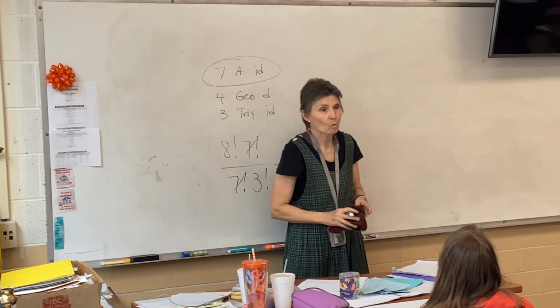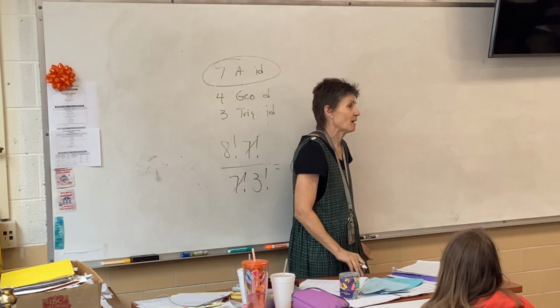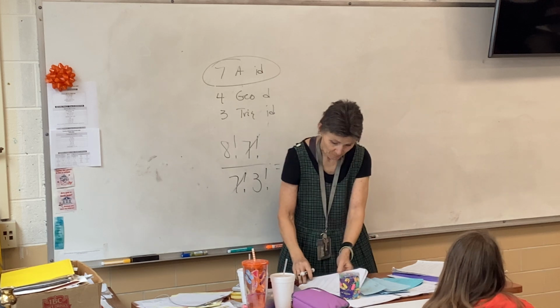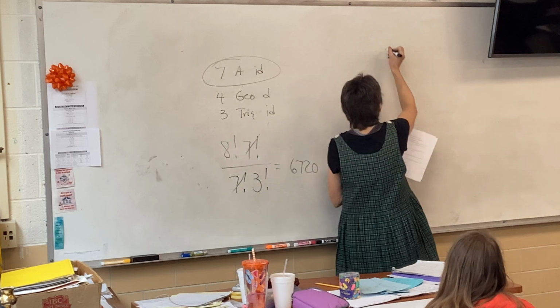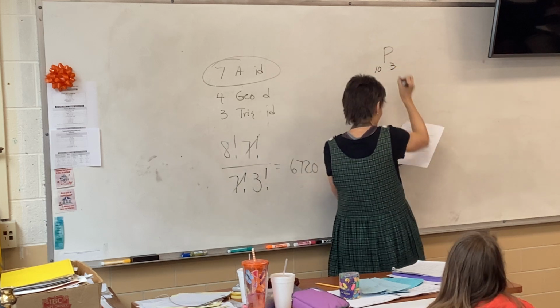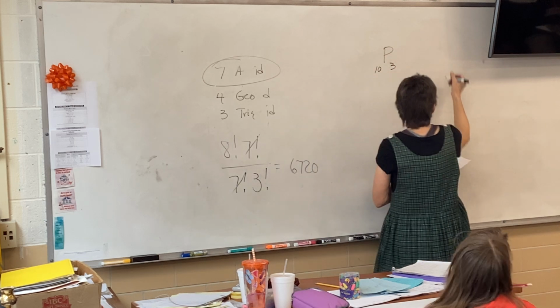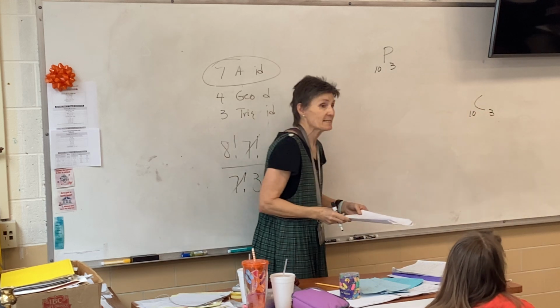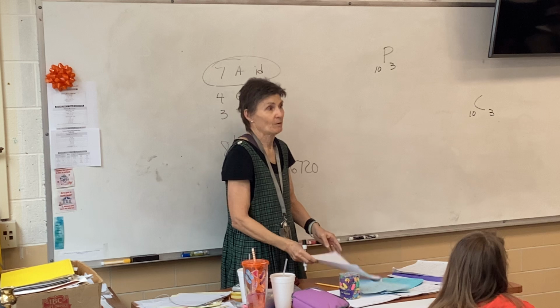Then your calculator won't do it, and you have to be able to simplify by hand. So I'm going to give you the formulas right now for simplifying a permutation problem and a combination problem. They are very similar, but they are different.